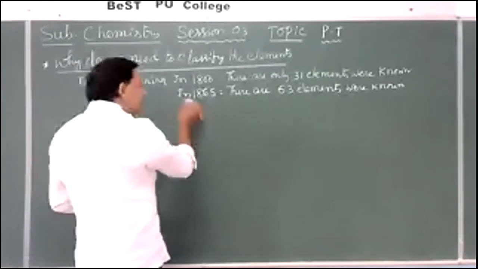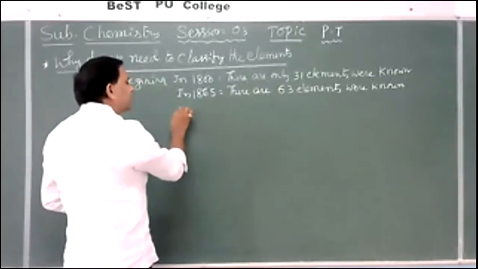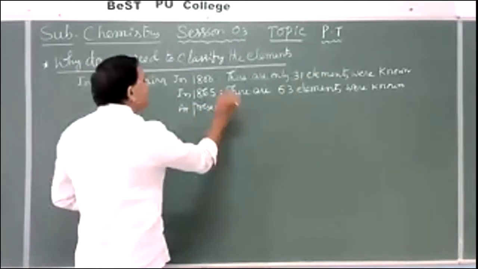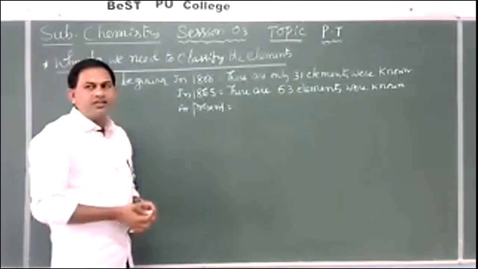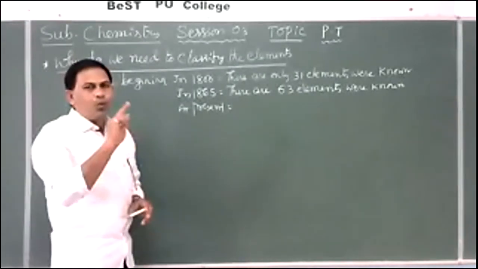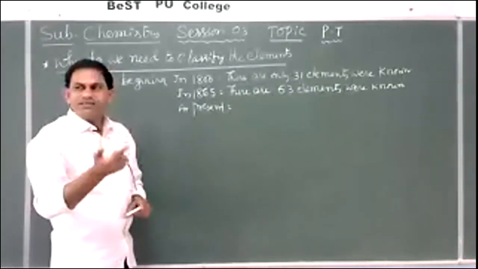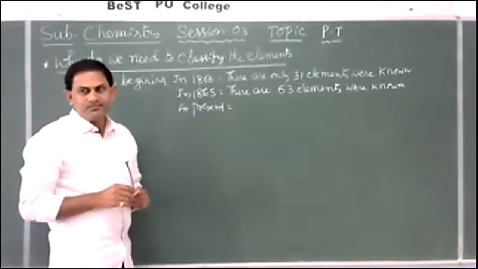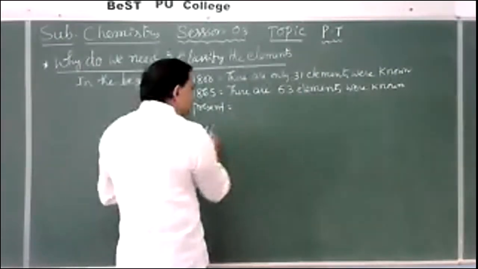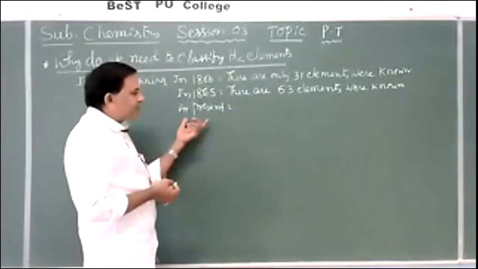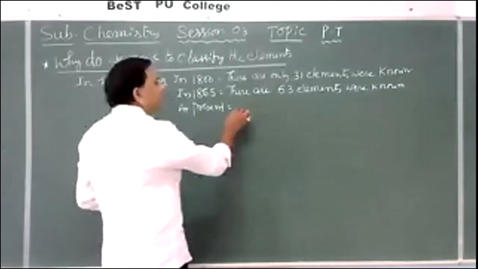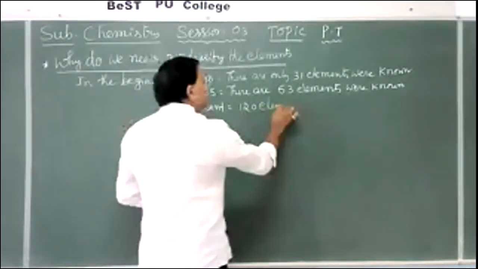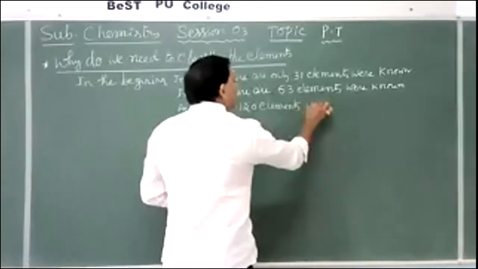Nowadays, at present, in this 21st century, in some textbooks 114 elements, 117 elements, nearly 120 elements are known.